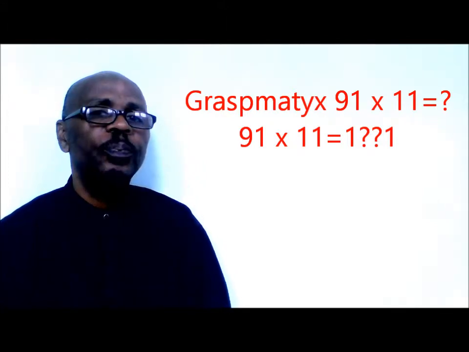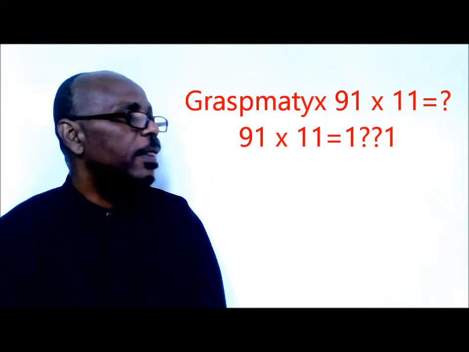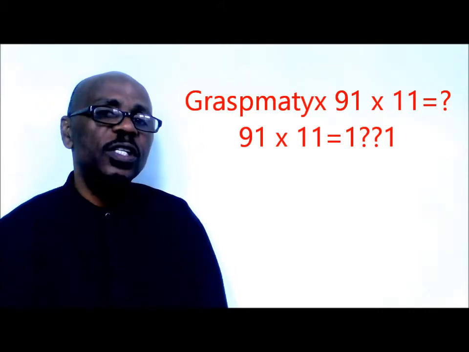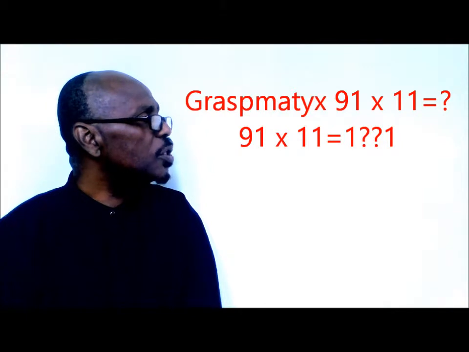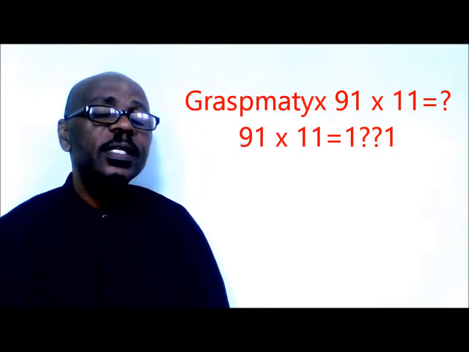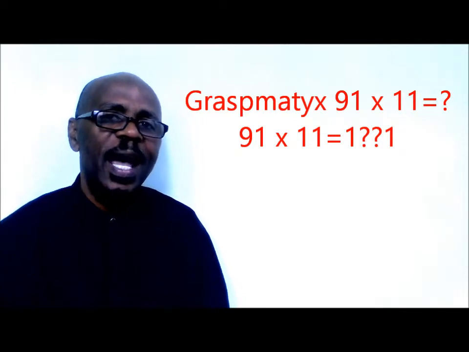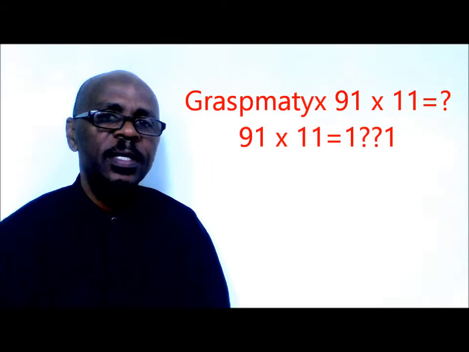So here's what we do. I take the 1, I put it to the far right, and I take the other 1, I put it to the far left. Now in the middle, I need 2-digit numbers to fill in the center. What would be those 2-digit numbers I need? Well, simple. Since 9 is the highest number there is, Dr. Yates teaches that 9 is the highest number, not infinity and Google and all the stuff they say in the schools. No, 9 is the highest number.